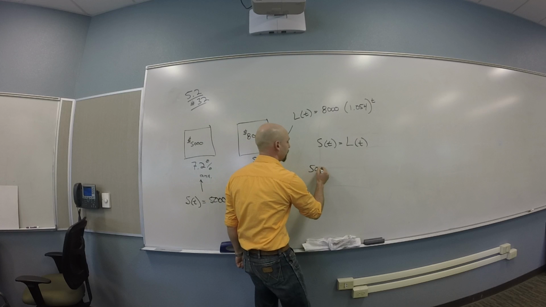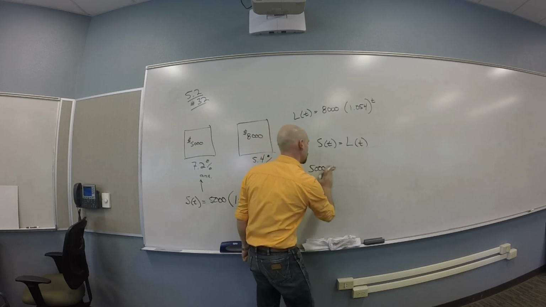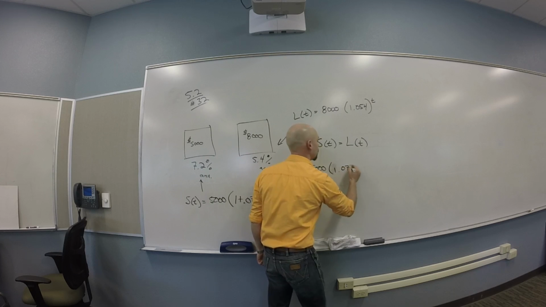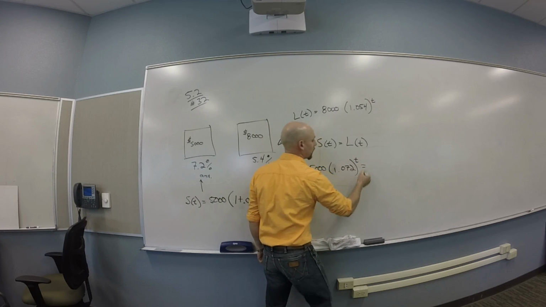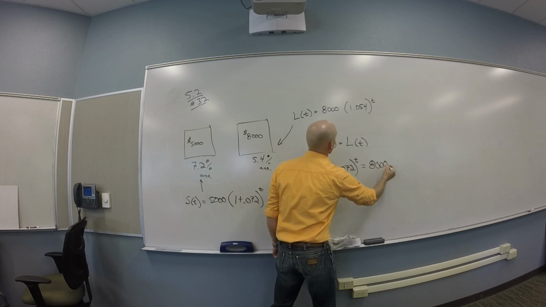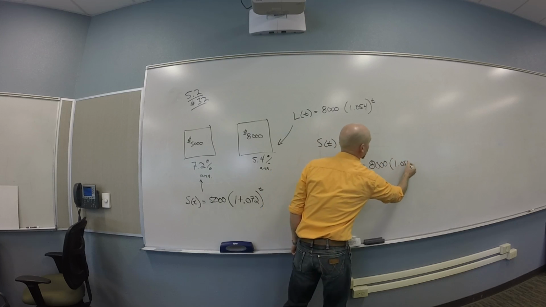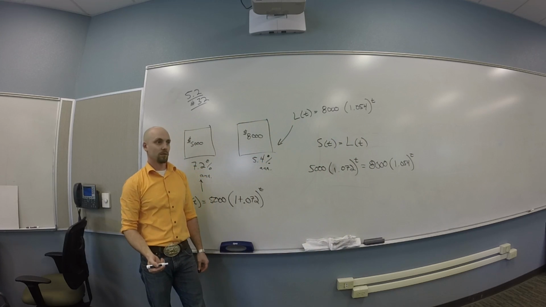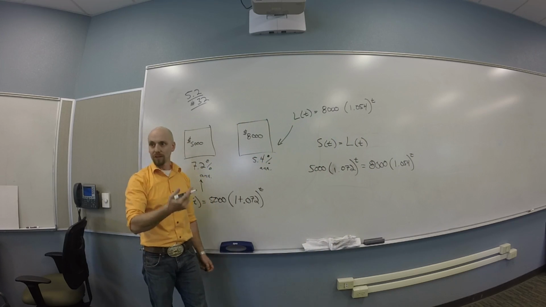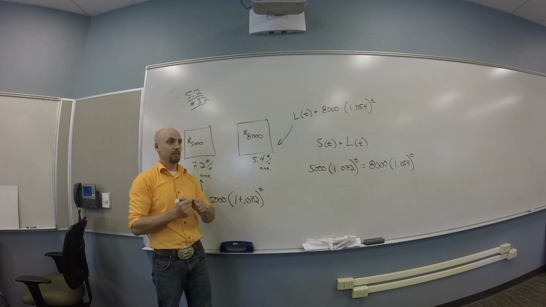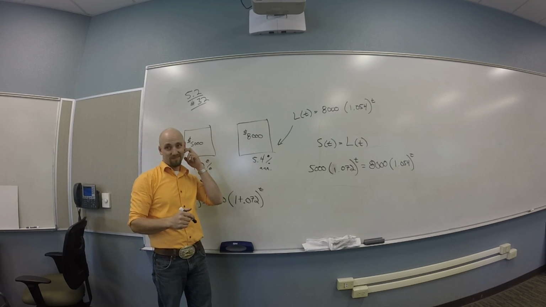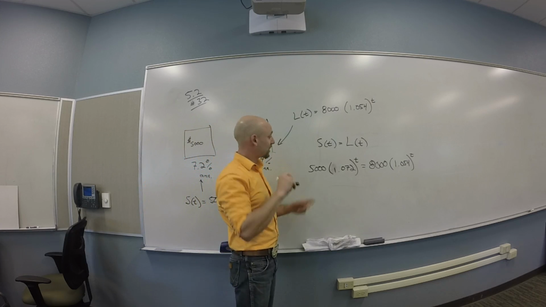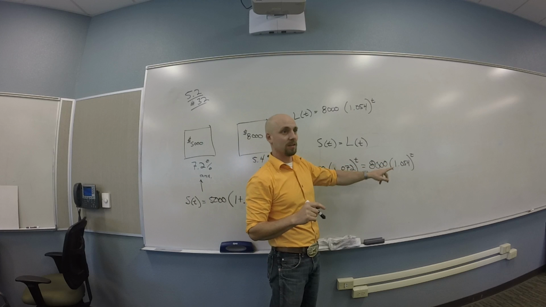So you'll want 5,000 times 1.072 raised to the t, and that should equal 8,000 times 1.054 raised to the t. Cool. And then solving. Just solve it. There's t's on both sides.